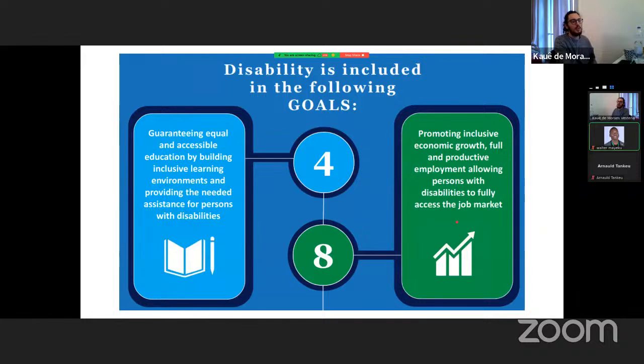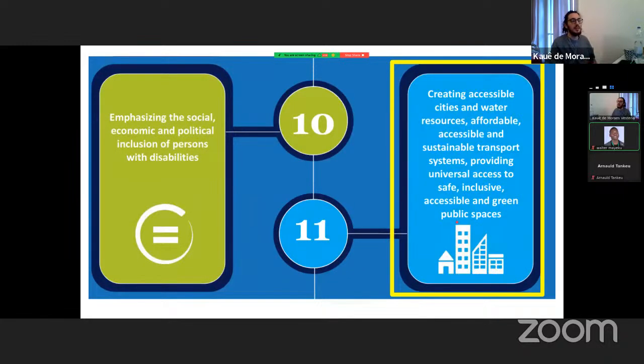For example, we need to create accessible environments in many places where we didn't have them. We can use map data to help with this, and we will look at how to do that in today's presentation.